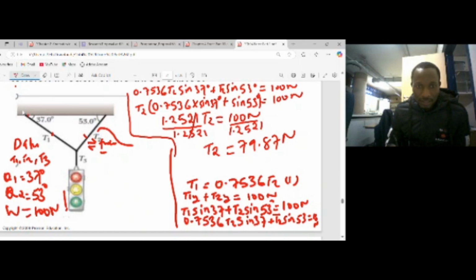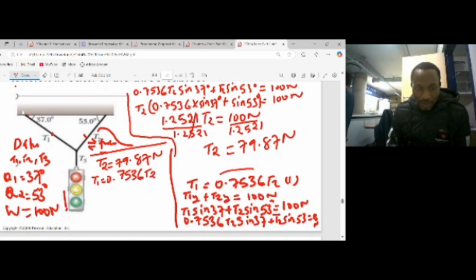So we say that T2 is equal to 79.87 Newton, and then our T1 was equal to 0.7536 T2.